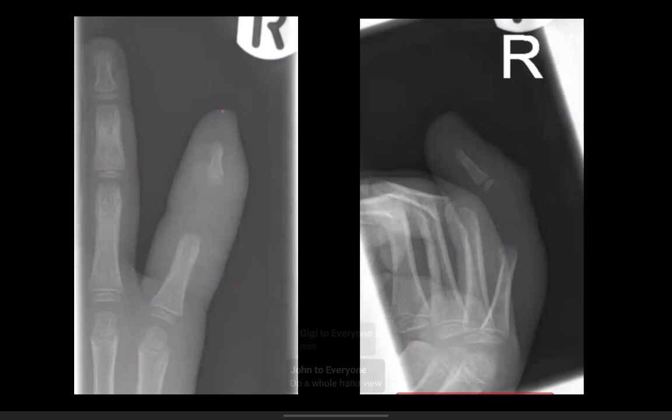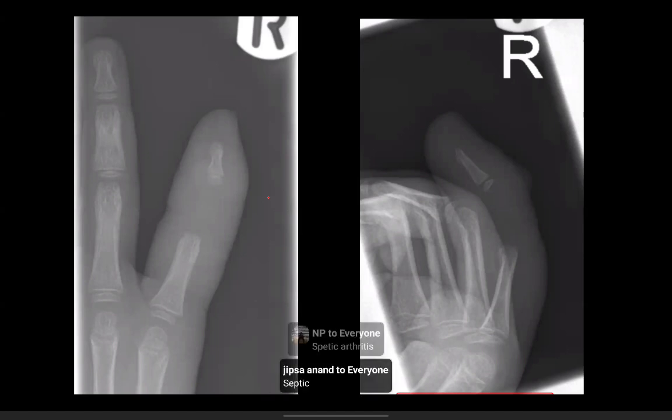Vanishing bone disease. Yes, that's not a bad answer, but we'll come to that. What if I told you the finger was red, hot, and swollen, and the patient had a white cell count of 40? So osteomyelitis. Yes.